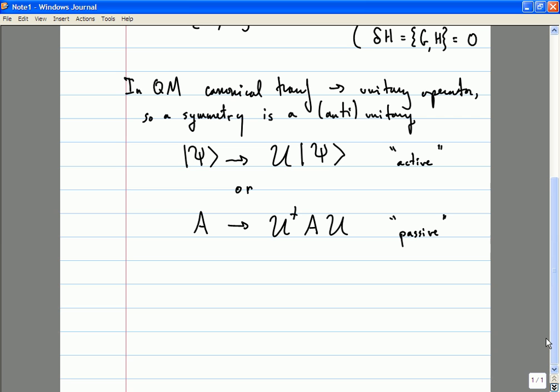The first thing to note, I remind you that the definition of a unitary operator is one that preserves the inner product.